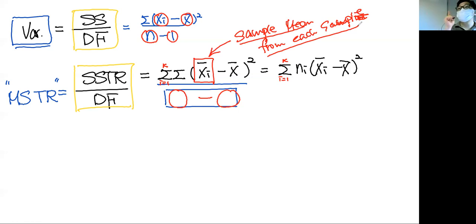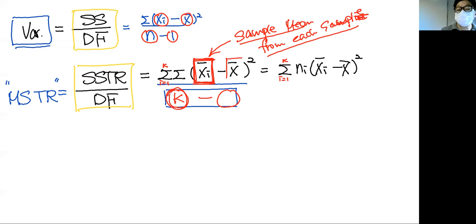Then how many sample means do you expect? We had 5 here, but generally I need a notation: K. Because K was the number of samples, and we can take the sample mean from each sample. The number of sample means is the same because we just take one value, a single statistic, from each. So the number of sample means will be K.